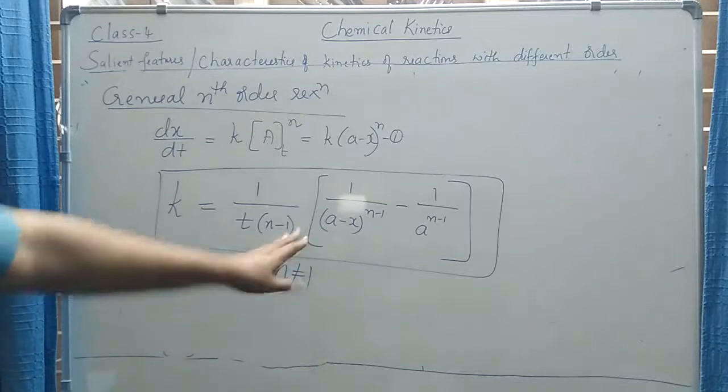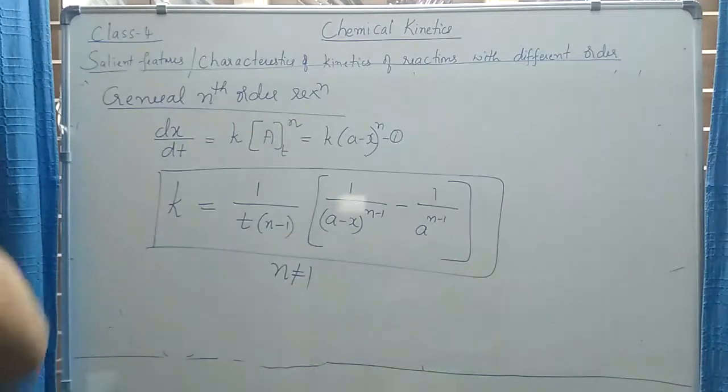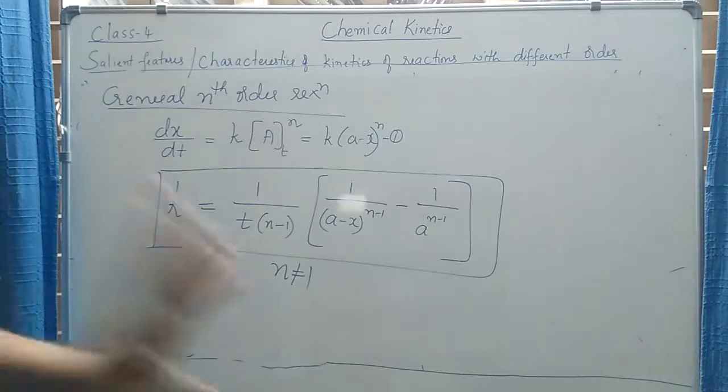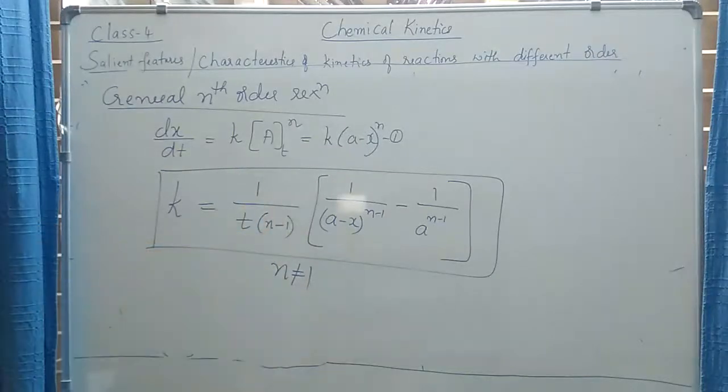So if I substitute n is equal to 0 and make some rearrangement, the same equation that I derived for 0th order reaction can be obtained from this also. Similarly, if I substitute n is equal to 2, I can obtain the expression that I had earlier derived for a second order reaction where the initial concentrations of the reactants are same. So if you remember this general equation, you can reproduce equations for a particular order.